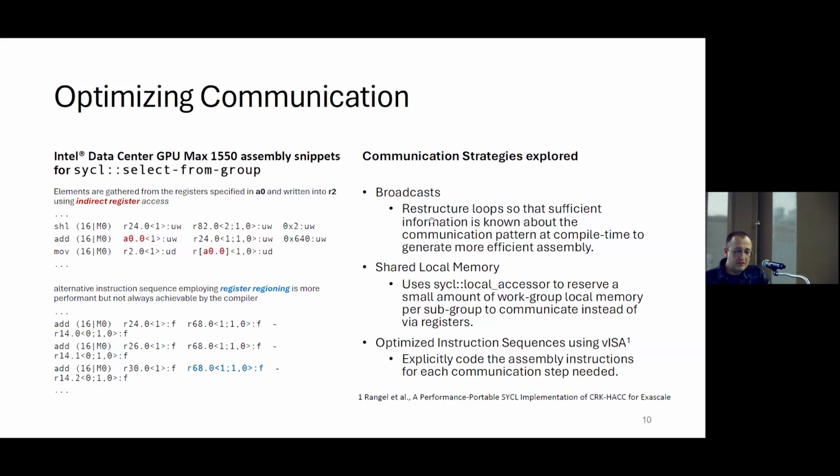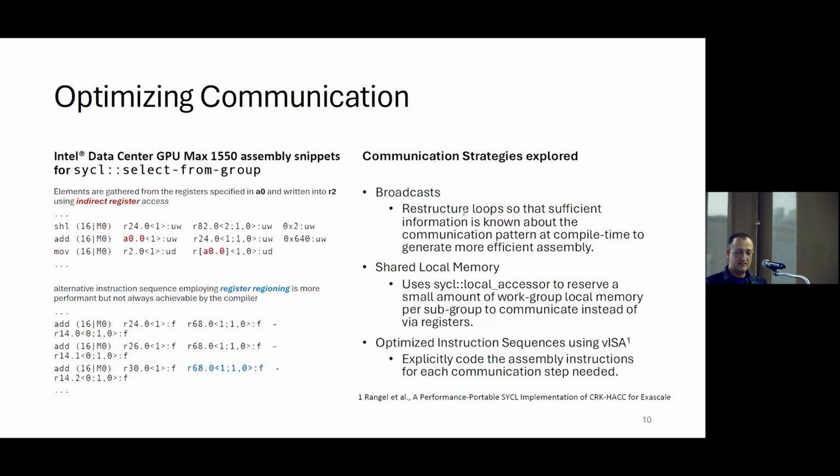But on the Intel GPU, because for various reasons you can increase the amount of registers available by reducing the SIMD size, or even using a large register file, it turns out for us the broadcasts were somewhat performant. Another mitigation strategy that we used was just using shared local memory.